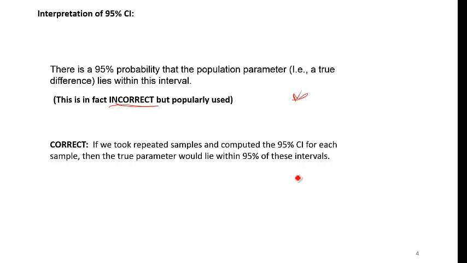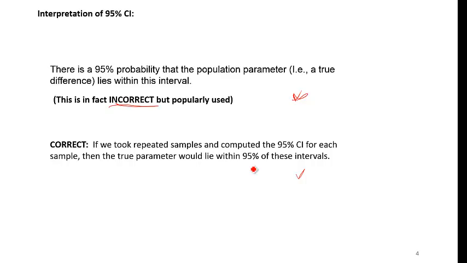But it's obviously different. Okay. So let me say it again. If we repeatedly take samples and compute the 95% confidence interval for each sample, then the true parameter would lie within those intervals 95% of the time.